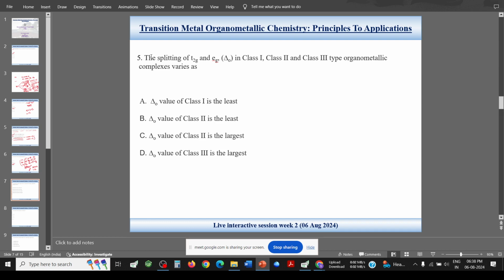The delta O value of class 1 is the least and the delta O value of class 3 is largest. So delta O for class 1 is least, that is option A, right? Option A will be the correct answer, and delta O for class 3 will be largest.